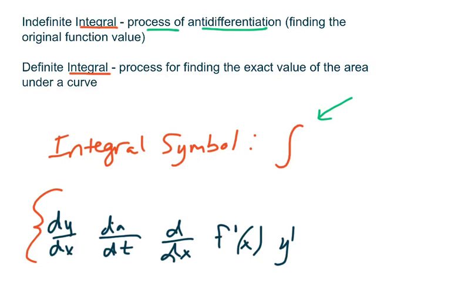So this is simply just finding the original function value. Okay, so you know how when we first started with derivatives, we spent quite a few days just finding the derivative of all the different types of functions, right? We had to take the derivative of a polynomial, but then we had to learn about the derivative of a natural log function, the derivative of a trig function, the derivative of an exponential function.